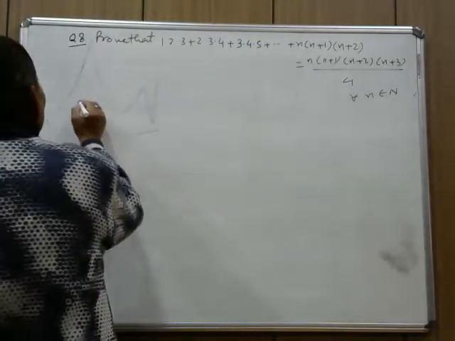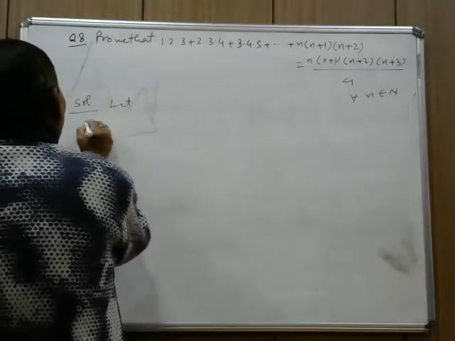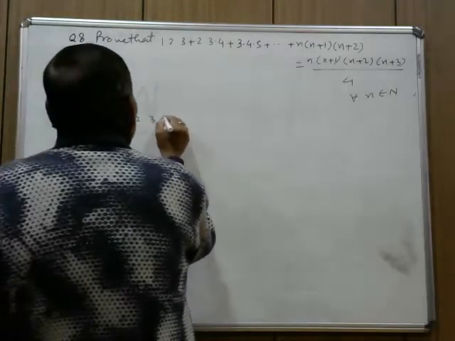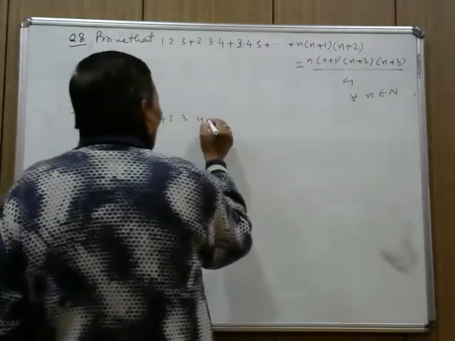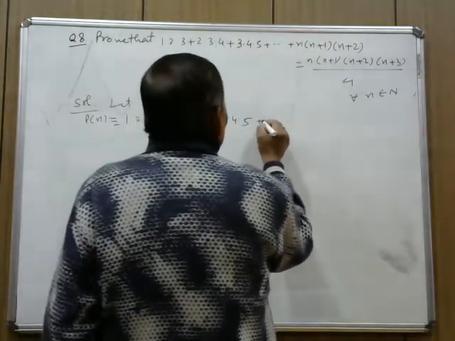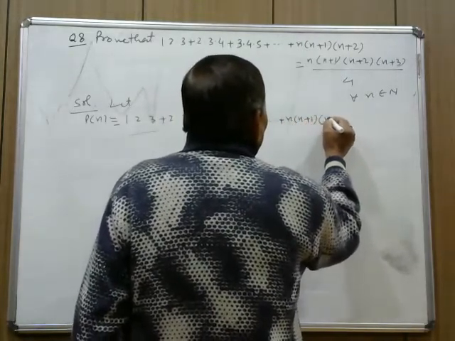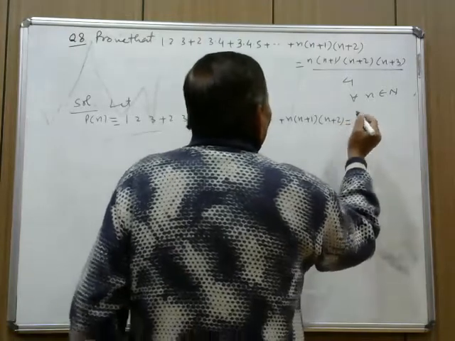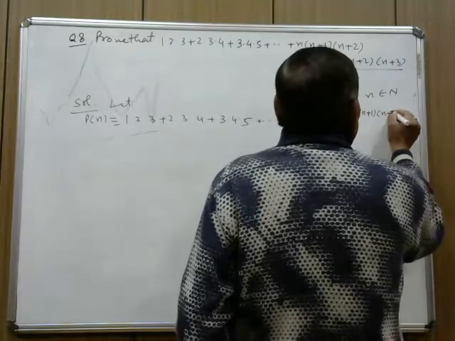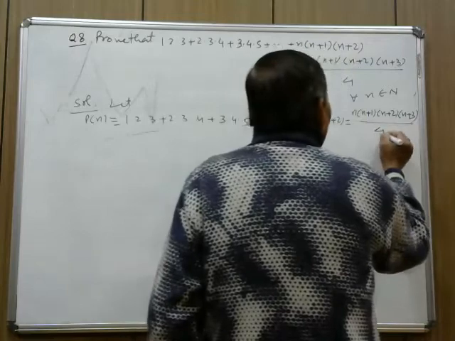Now, solution. Let P of n equals to 1 into 2 into 3 plus 2 into 3 into 4 plus 3 into 4 into 5 plus and so on plus n into n plus 1 into n plus 2, that is equal to n into n plus 1, n plus 2, n plus 3 upon 4.